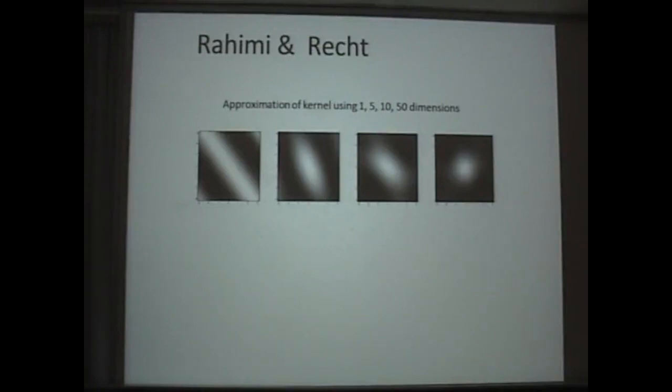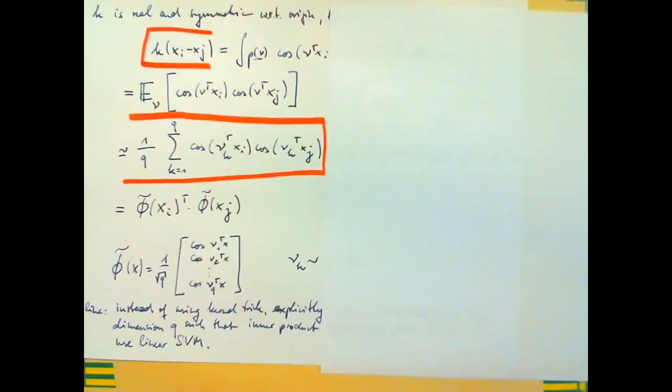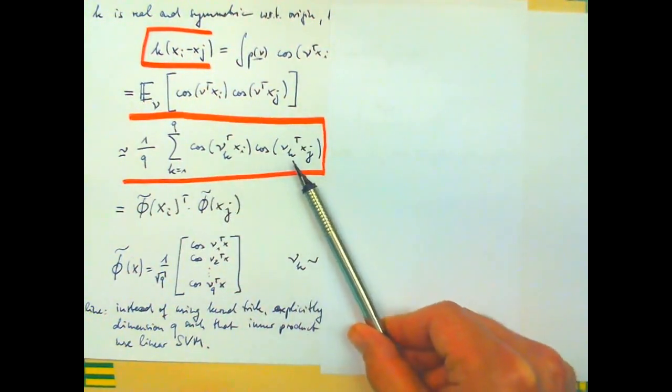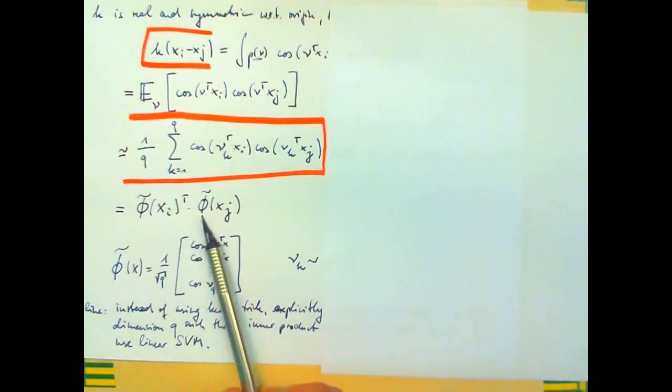So this summation here, I can write as an inner product. And here I gave explicitly the coefficients of these vectors in this q-dimensional space.